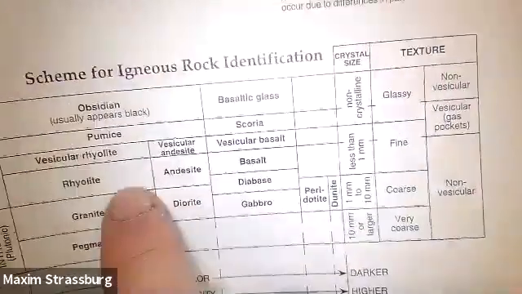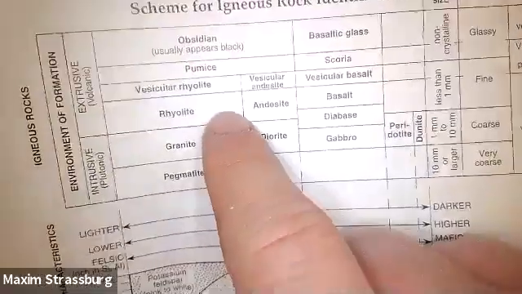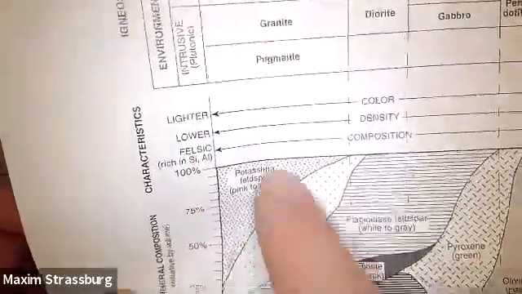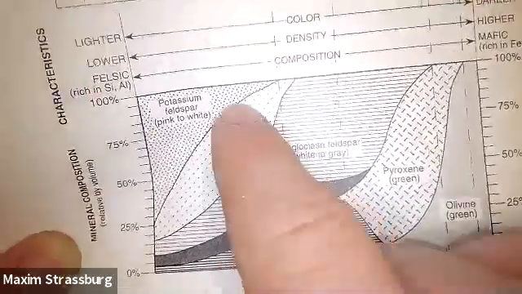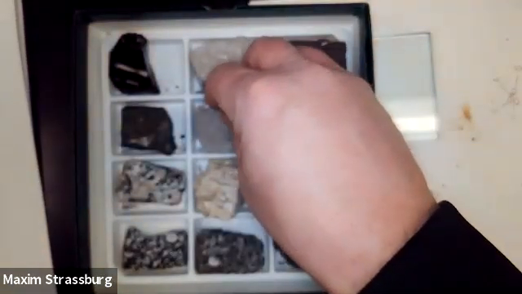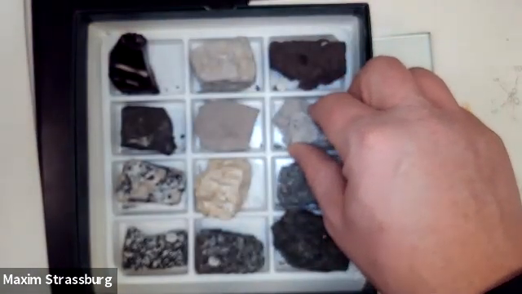Fine texture, lighter in color. Yes, I feel good about calling this rhyolite. So I know that it's lighter in color, it's lower in density, it's felsic, and then all of these minerals will be found within it in various levels of concentration. Now here's my next sample.